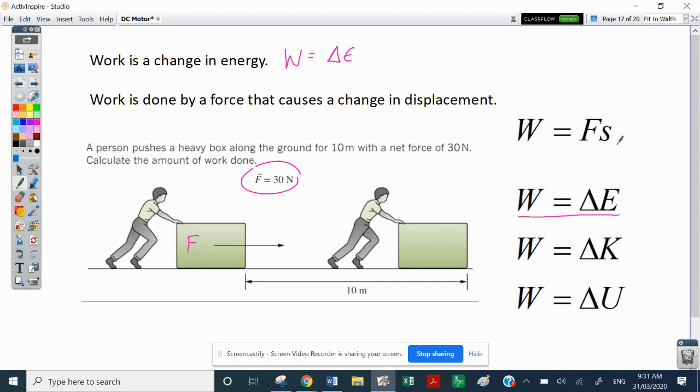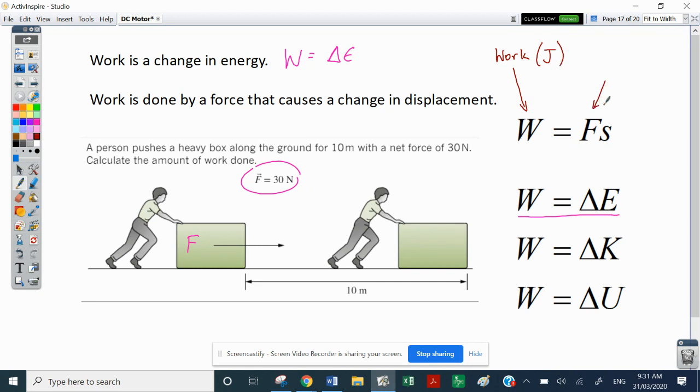You'll see that there is a whole series of formulas for work. So work is given the letter W. Unfortunately, it is the same as the letter for weight. Hence we don't normally use W for weight, we just use mg as its symbol. Work, being a change in energy, is measured in joules as well.